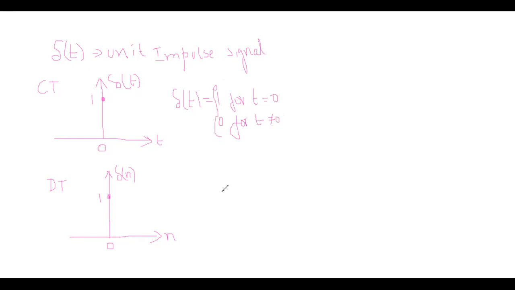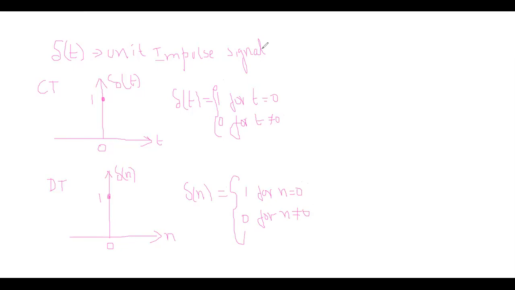Similarly, delta of n for the discrete is equal to 1 for n equal to 0 and 0 for n not equal to 0. So this is the functional representation and the graphical representation.